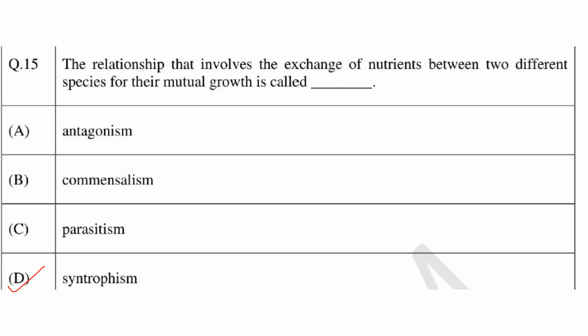Commensalism is an interaction between two organisms where one organism benefits and the other organism is neither harmed nor benefited. Then parasitism is an interaction between two organisms where the parasite benefits at the expense of the host organism, which is harmed. So here the answer is syntrophism.